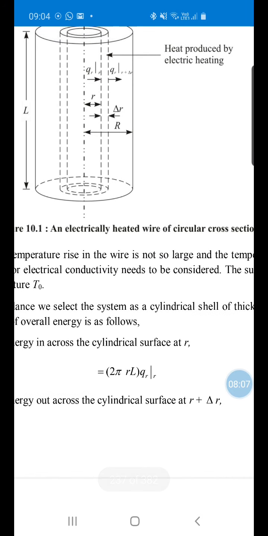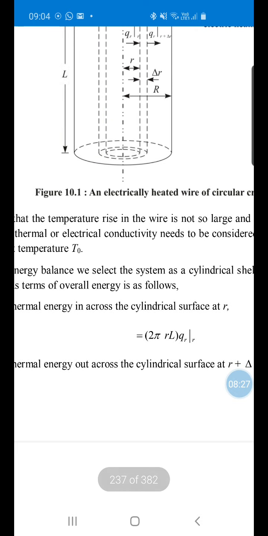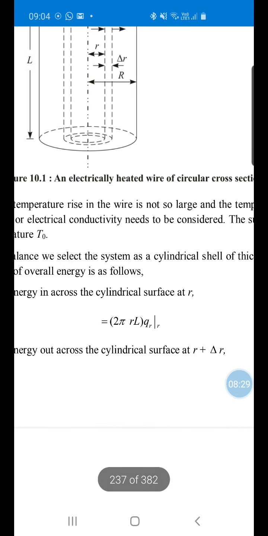It will obviously be along the circumference. So it will be 2 pi r L, the area in meter square, into Qr, the heat flux in watt per meter square. So meter square gets cancelled, it will be watt. So 2 pi r L into Qr.